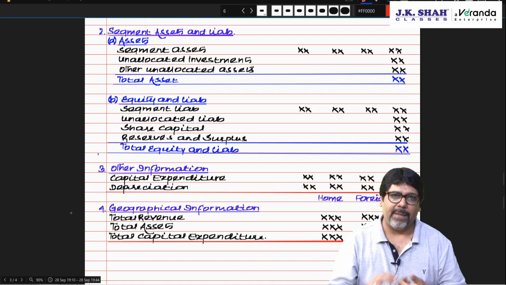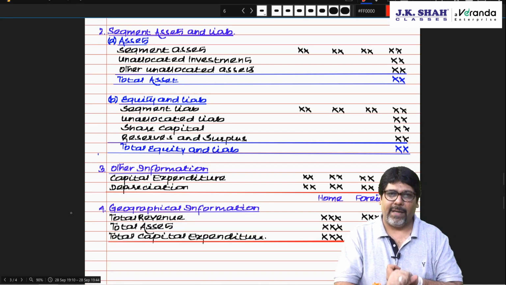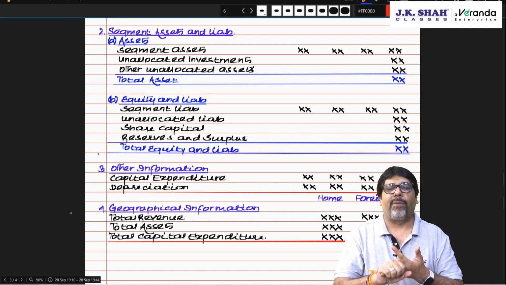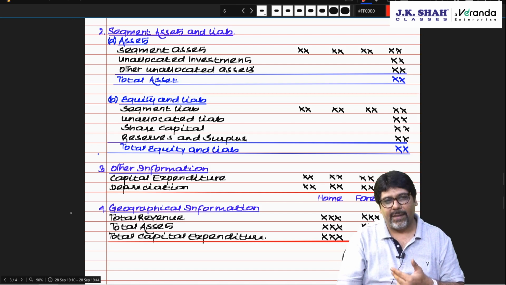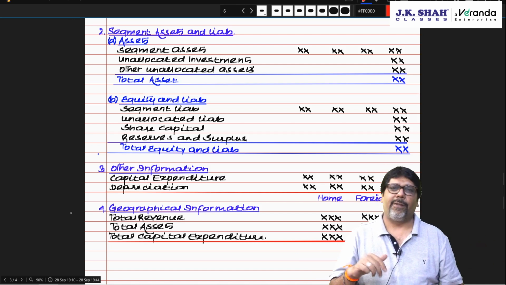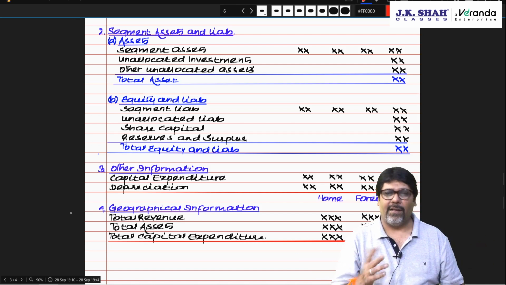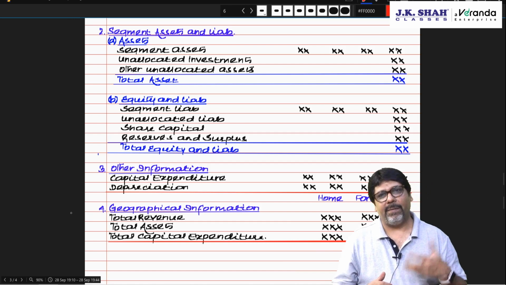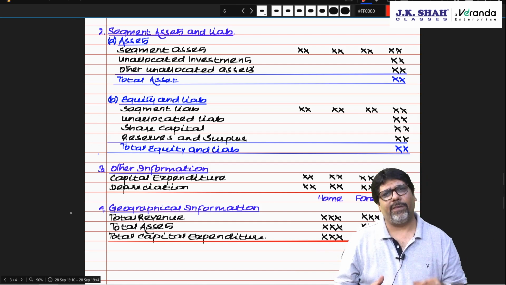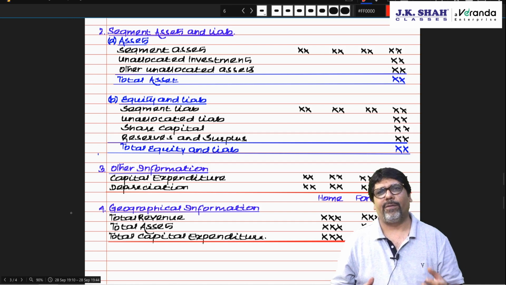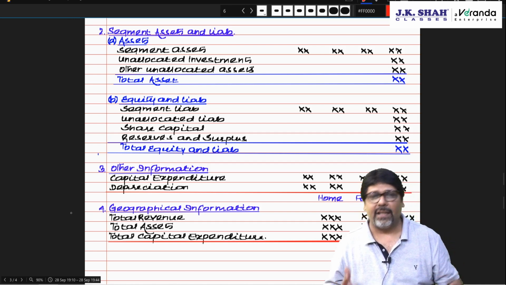Yes, they can merge if the financial economic characteristics are same, the nature of the product is same, production process is similar, method of distribution is same, regulatory environment is similar. After you merge, you decide whether it is reportable or not. Materiality: revenue should be 10% or more, assets should be 10% or more, profit or loss should be 10% or more of total profits or losses, whichever is higher.